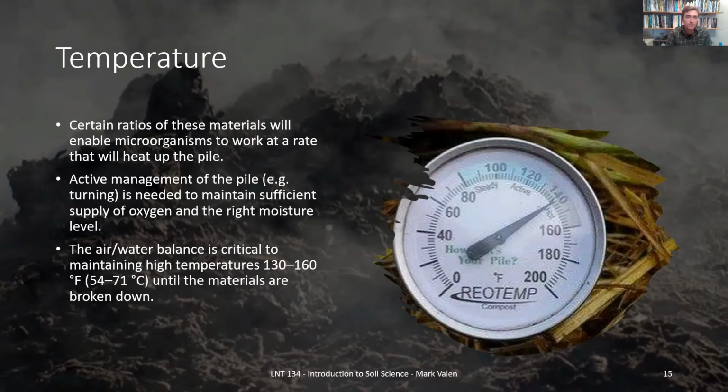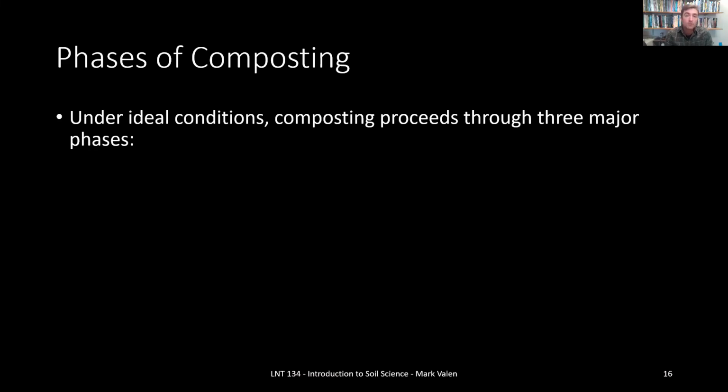And if you're engaged in passive composting, you're not turning and you're not adding water, you're allowing nature to take its own course, and the temperature will most likely stay below 130, and it will still decompose, but it'll go more slowly. Active composting will go through 3 general phases, and they can be categorized based on their temperature.